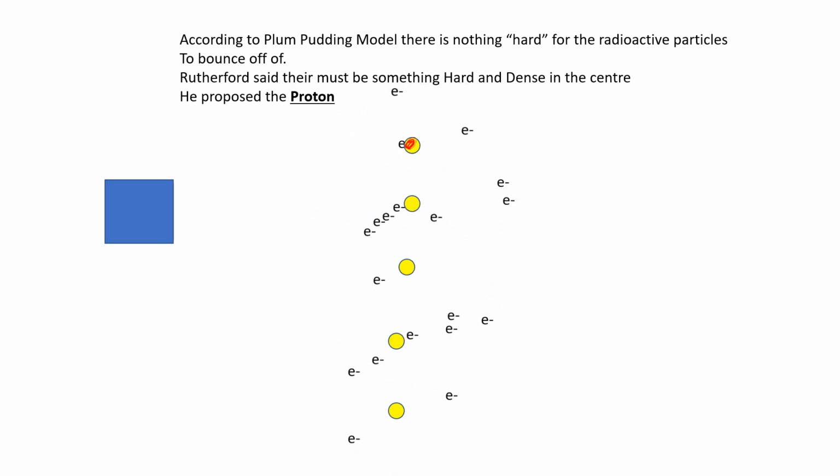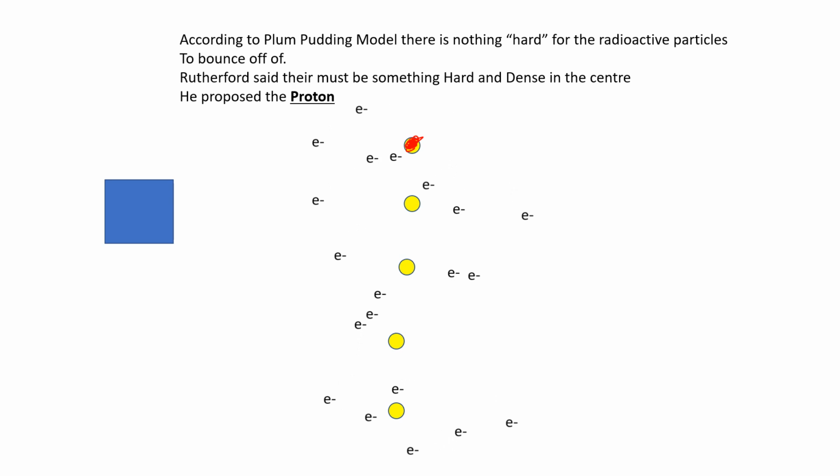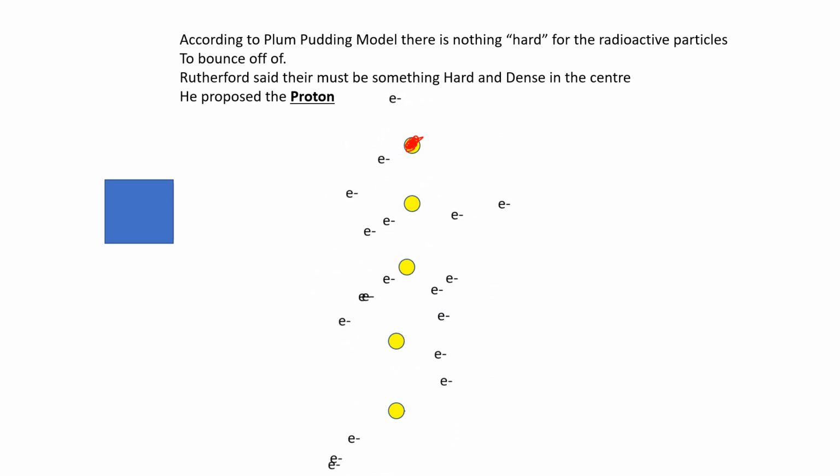And what he said was the proton is really, really small and doesn't occupy very much space, but it's very, very dense, and it's only located in the very center. It only occupies less than 1% of the volume of the atom. And the electrons are just flying around the outside. The electrons are pretty insignificant.